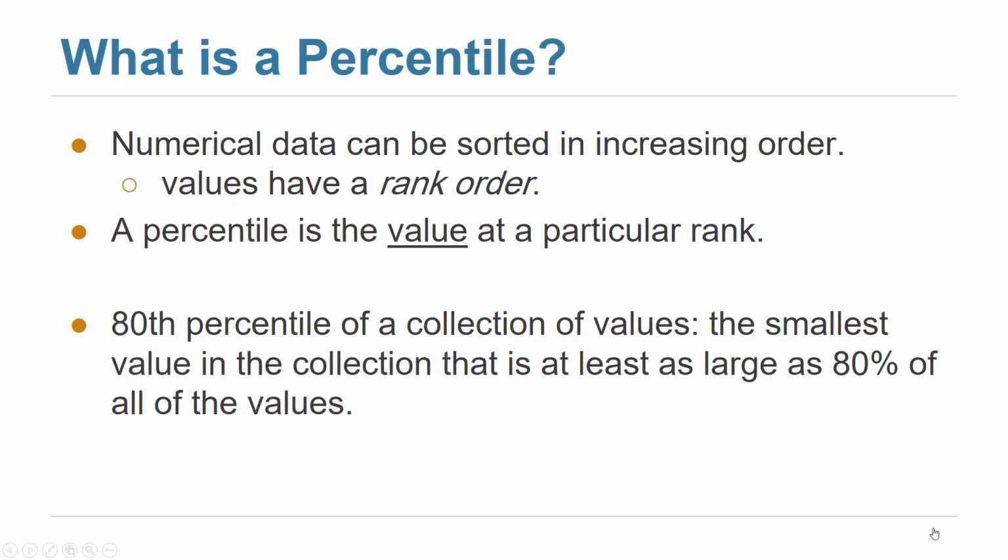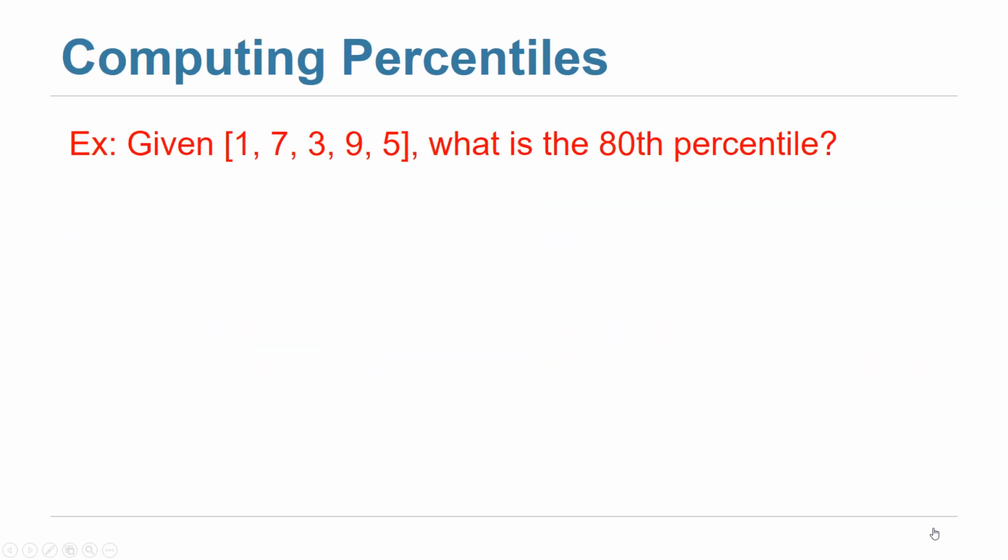So for example, the 80th percentile of a collection of values can be the value at the rank corresponding to 80% of the values of the array or the collection, given that it is sorted in increasing order. Or more formally, it is the smallest value in the collection that is at least as large as 80% of all the values. Let's see an example that will show us how it is computed.